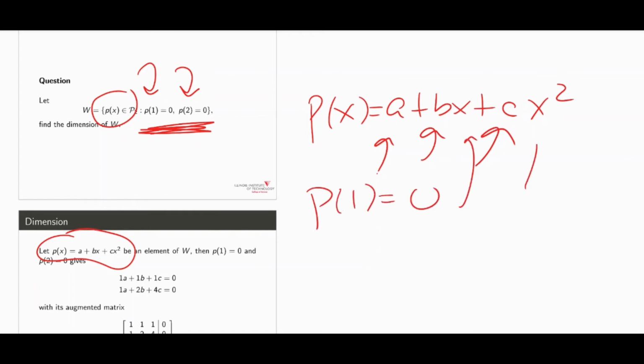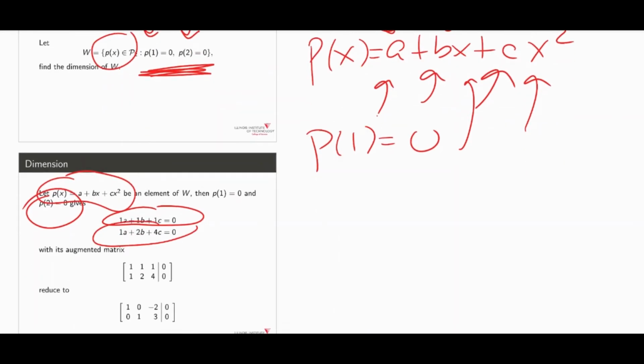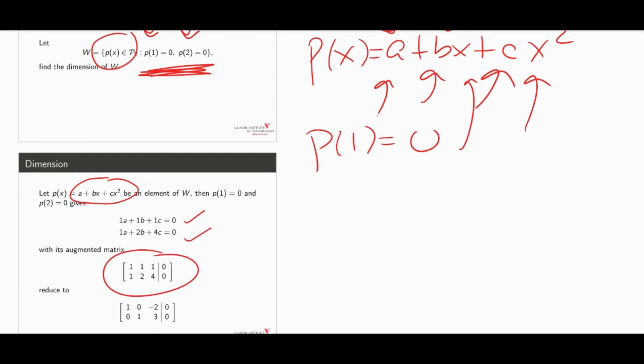Substituting x equal to 1, P(1) equal to 0 requires the coefficients a plus b plus c to sum to 0. And P(2) equal to 0 requires a plus 2b plus 4c to sum to 0. So the coefficients cannot be any numbers. They have to satisfy these two relationships. So we want to solve for a, b, and c.